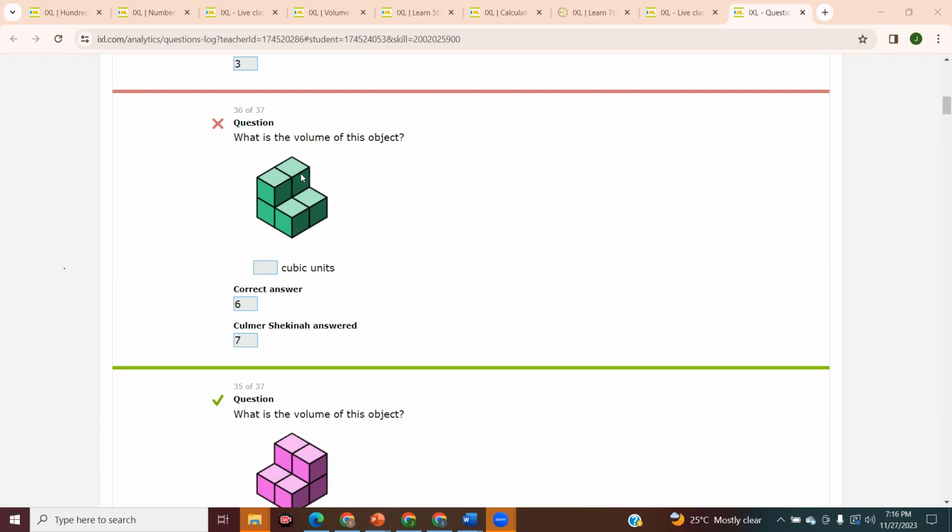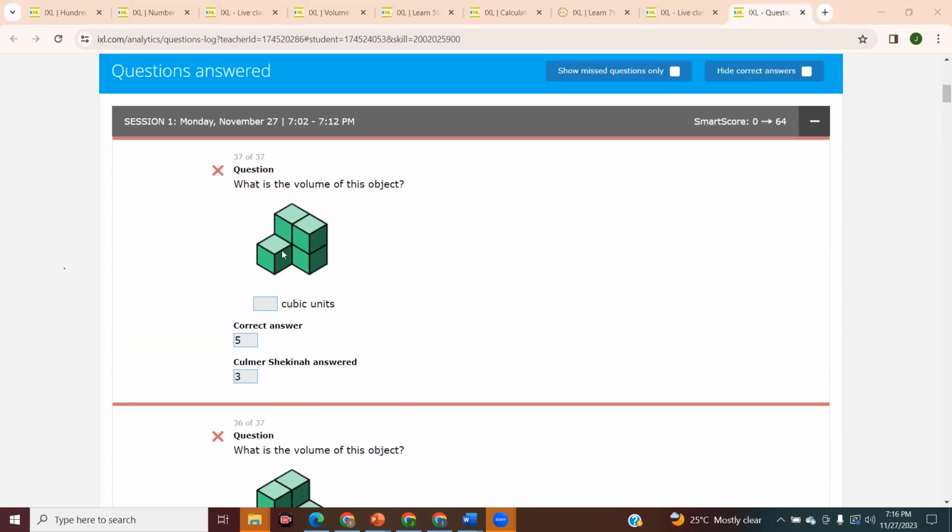Right? Yes, sir. But there's 1 at the bottom, so it'll make it 6. So what you basically have is 4 at the bottom and 2 on top. Do you see that? Yes, sir. So that's why it's 6, not 7.